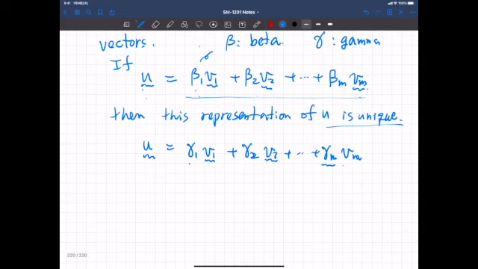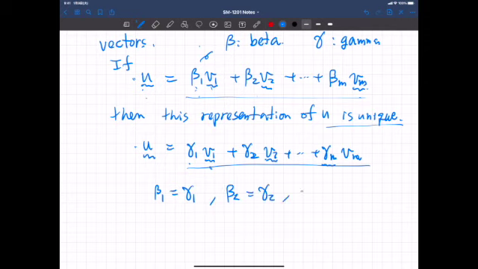Then this beta 1 v1 and this v1 are of course identical vectors. But this u and this u are the same u, so beta 1 is equal to gamma 1, beta 2 is equal to gamma 2, and so on.